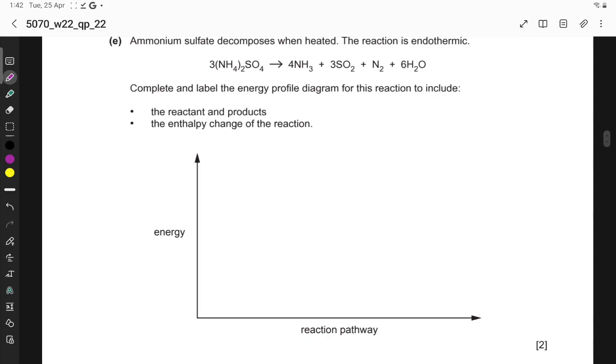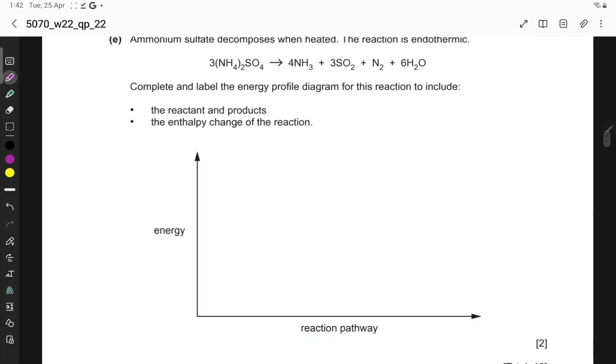Next question: ammonium sulfate decomposes when heated. The reaction is endothermic. Complete and label the energy profile diagram for this reaction. This is an endothermic reaction.